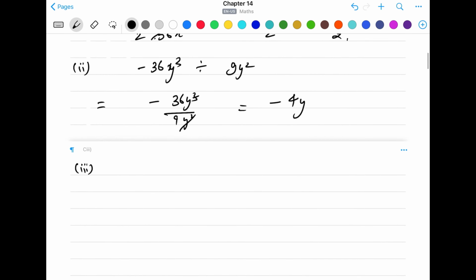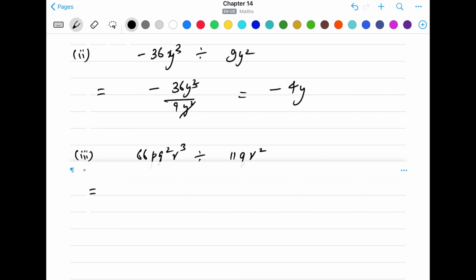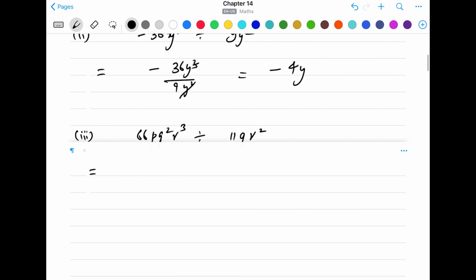Third, we have 66 p q square r cube divided by 11 p r square. First we write this in division form, that is 66 p q square r cube divided by 11 p r square.